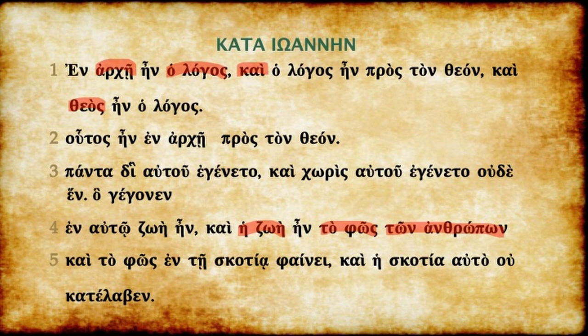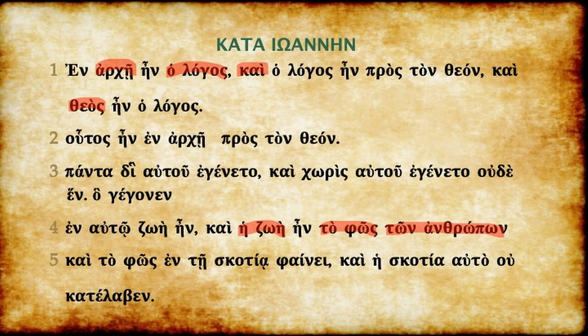Third verse, panta, everything, everyone, di autou egeneto, through him happened, was created, came into being, kai choris autou, without him, egeneto, happened, came into being, was created, ho gegonen, which have been created.